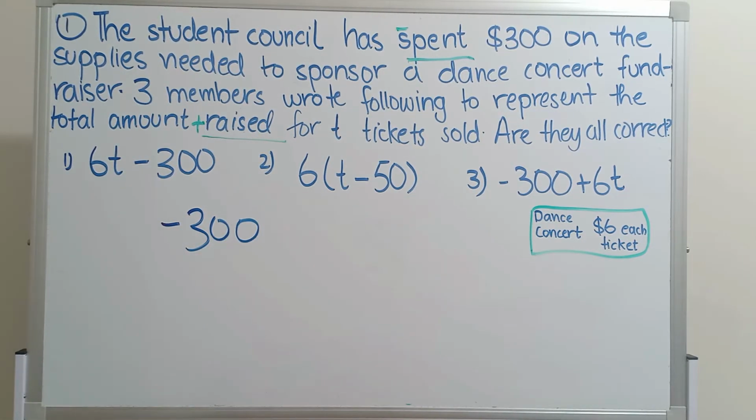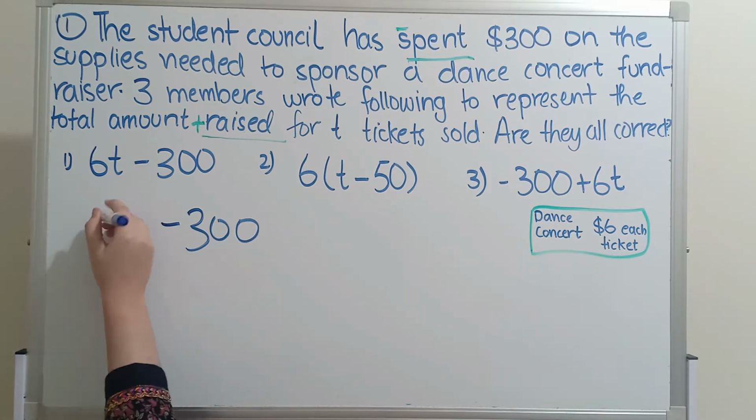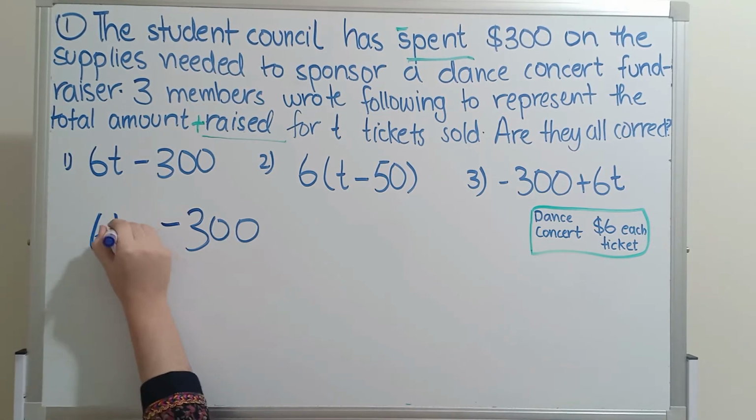And then we are going to add $6 times T, where T is the number of tickets. That's the way we are going to know how much they raised from the tickets that people bought. So for that, it is going to be 6 times T.